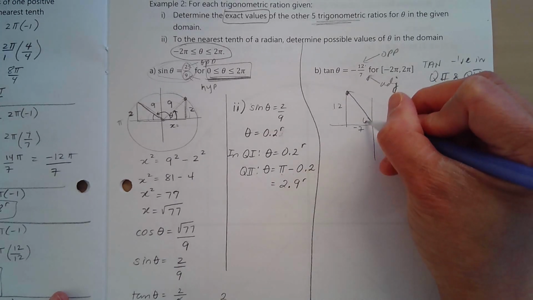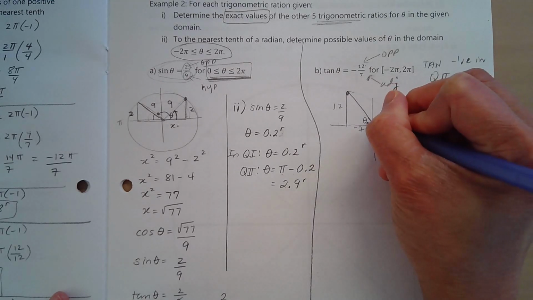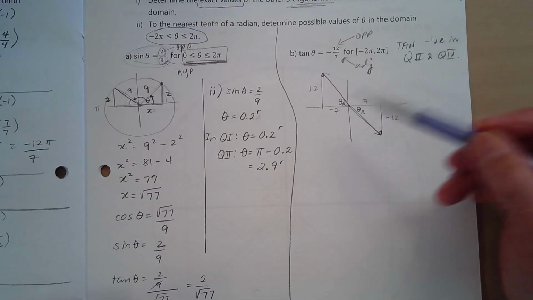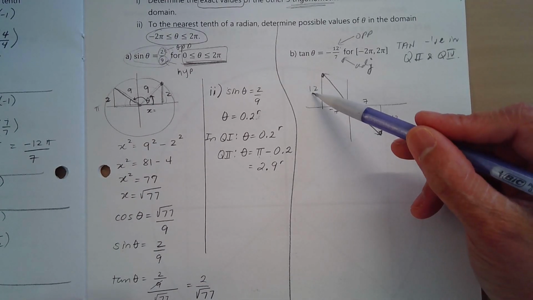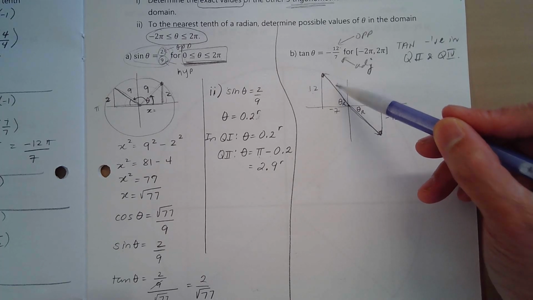Okay, so what we need is the reference angle. Reference angle, I'm going to put theta r. Okay, well, what's missing? We got x, y, we need the r, hypotenuse, radius.